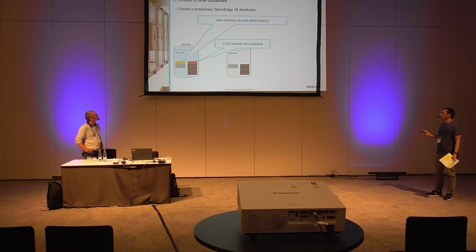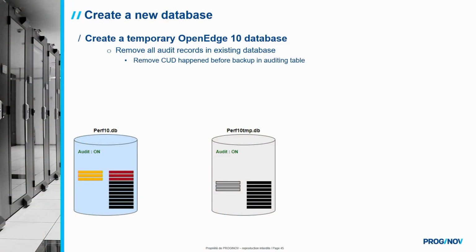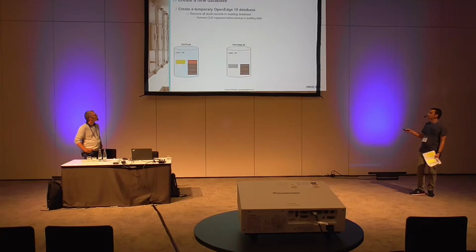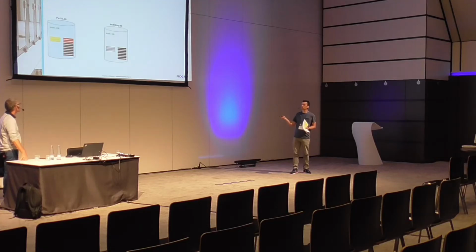But there are some auditing records that are already in the temporary database. So the next step is to remove them, because those auditing records and their corresponding changes are already in the temporary database, so we don't need them. So we choose to remove them.